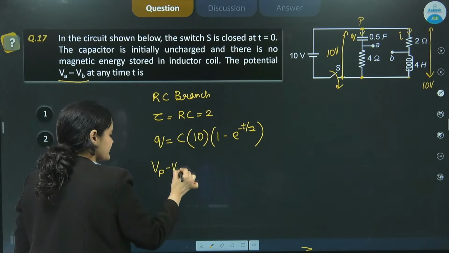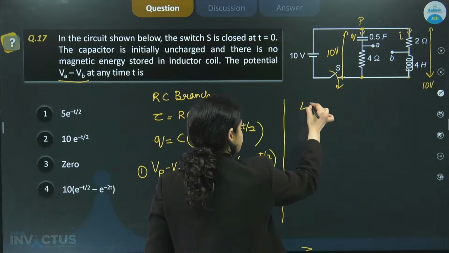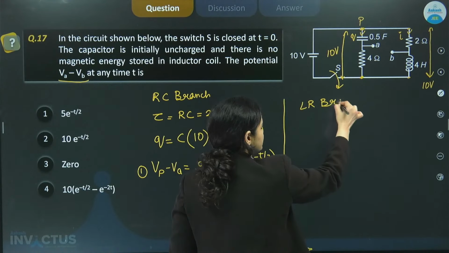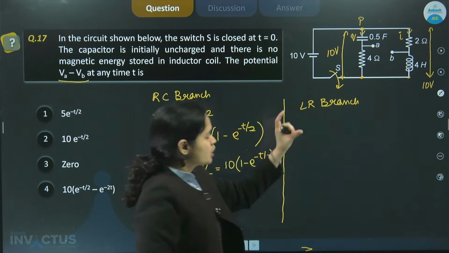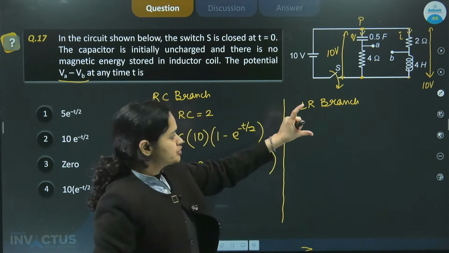Now let's move on to the LR branch. Now see what is in the LR branch: we already know the potential difference across this branch, maximum 10. Okay, so here also we have the direct relation for growth of current to find out the current in that LR branch. We can use that.